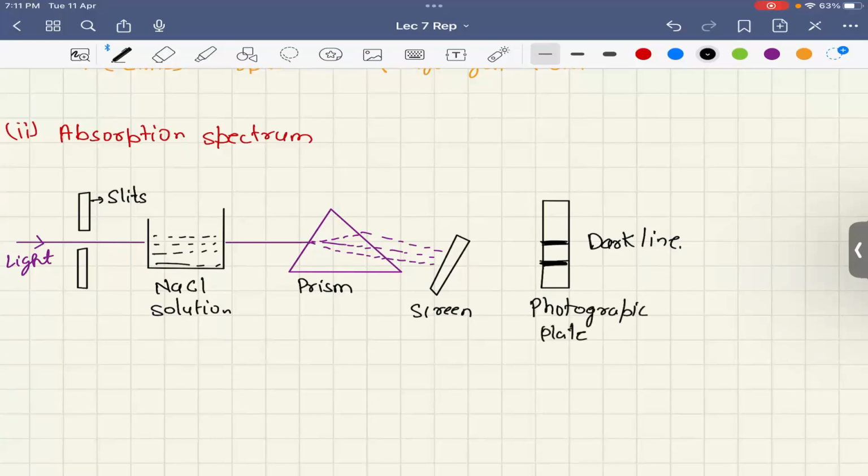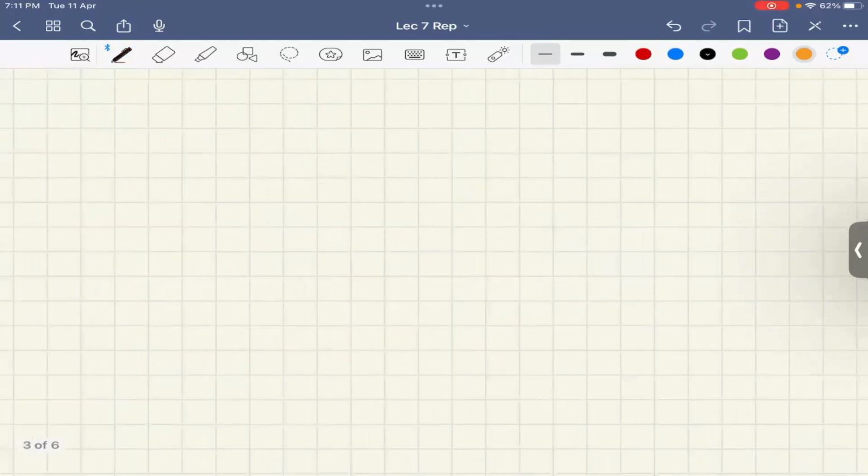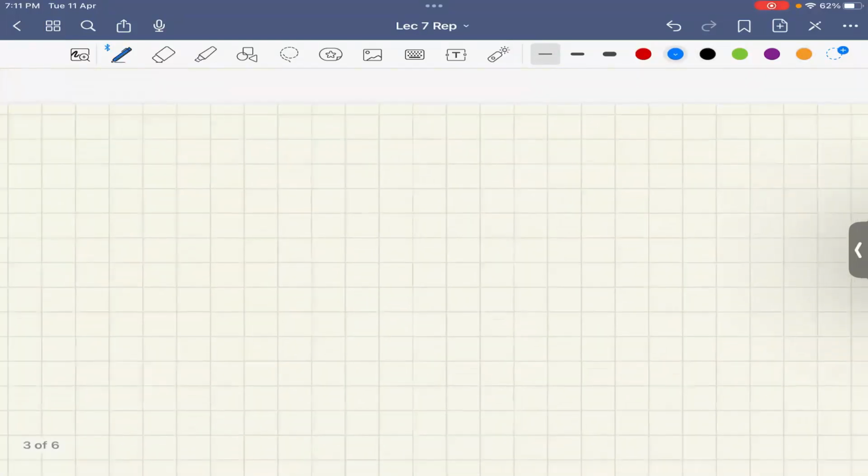So this whole assembly is known as the absorption spectrum of sodium chloride.